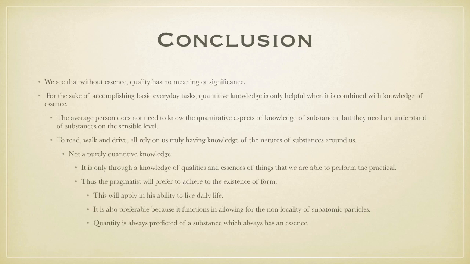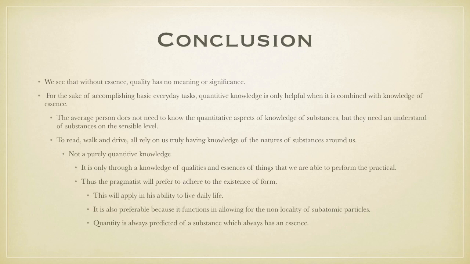To perform simple tasks, such as to read, to walk, and to drive, rely on us knowing the essences of things around us, and knowing both the quantitative and qualitative attributes, not just quantity. Thus, it is a knowledge of qualities and the essences of things that will allow us to perform practical tasks in daily life.